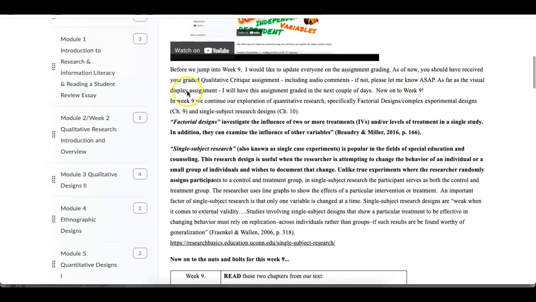As you can see, there's a summary of each one of these factorial designs. These investigate the influence of 2 or more treatments and/or the level of treatments in a single study. What I suggest is, first of all, read Chapter 9 and Chapter 10, and/or look at the videos first that I will show you in a minute, and then go back to Chapters 9 and 10.